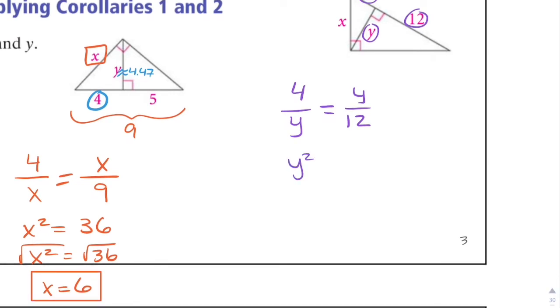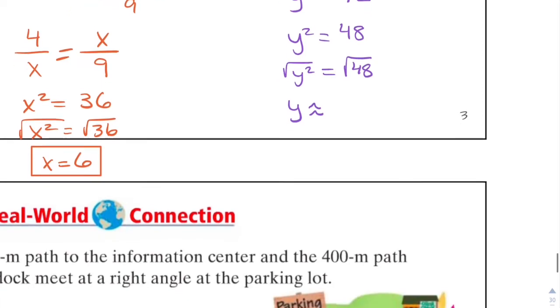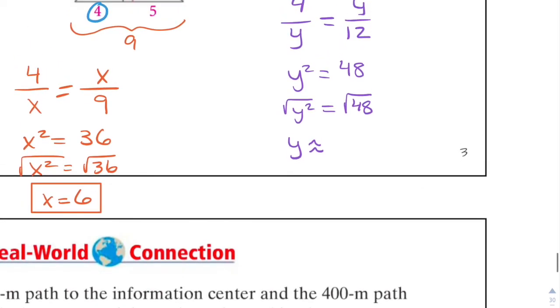So y squared equals 48. So the square root of y squared equals the square root of 48. So y approximately equals the square root of 48, which is about 6.928. I'll round to 2 decimal places, so 6.93.